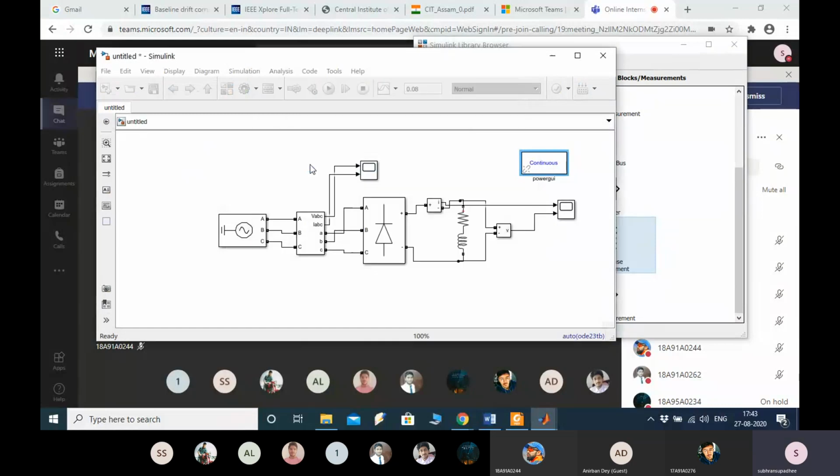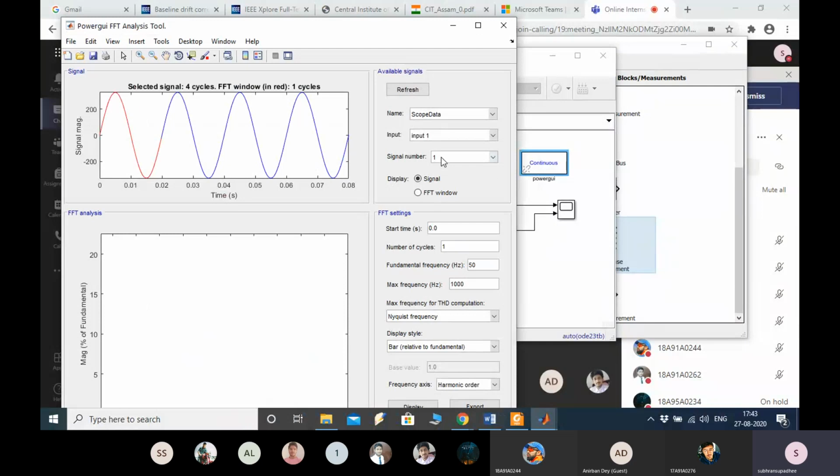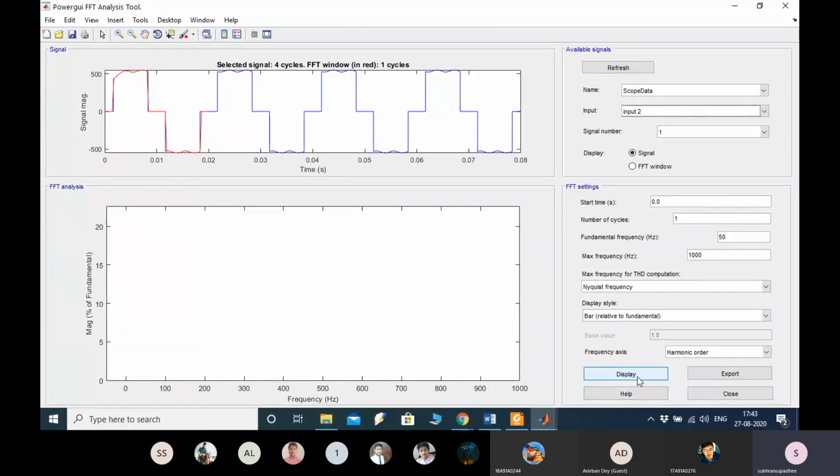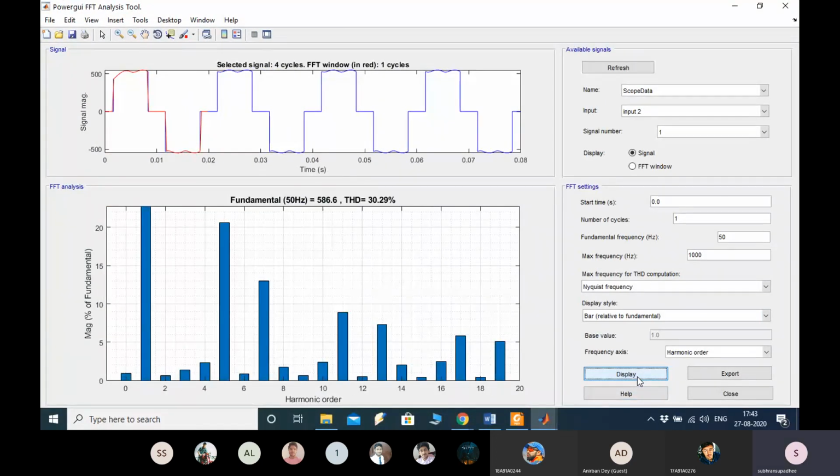Tools, FFT analysis, input 2. This is the second input. Display according to the harmonic order. The third harmonic is expressed. First harmonic, fifth, seventh, 11th, 13th, all these harmonics are there.